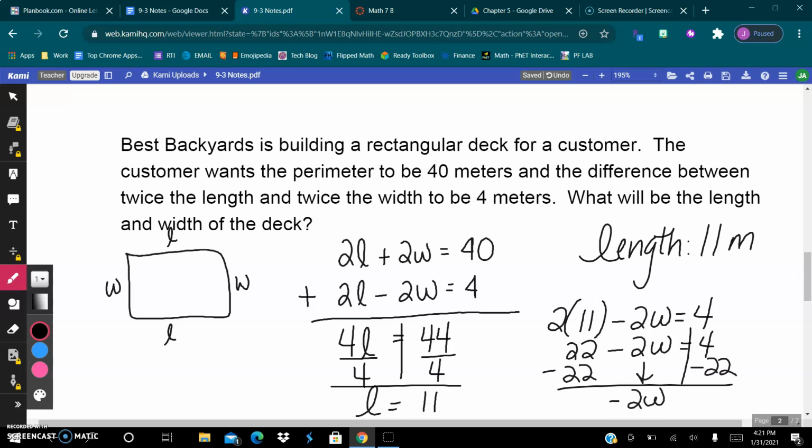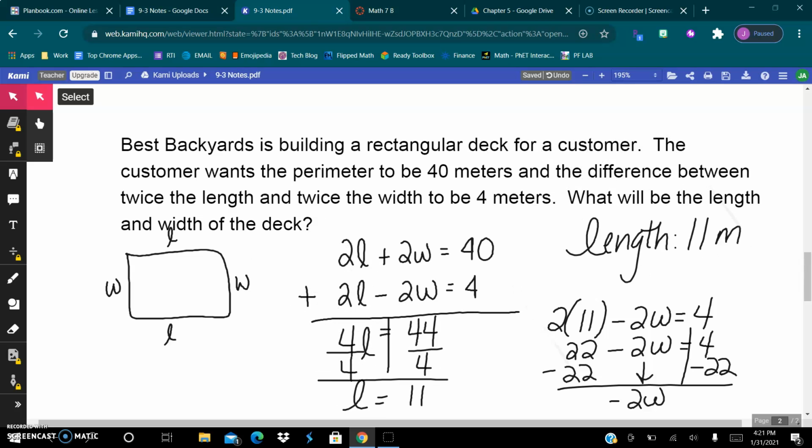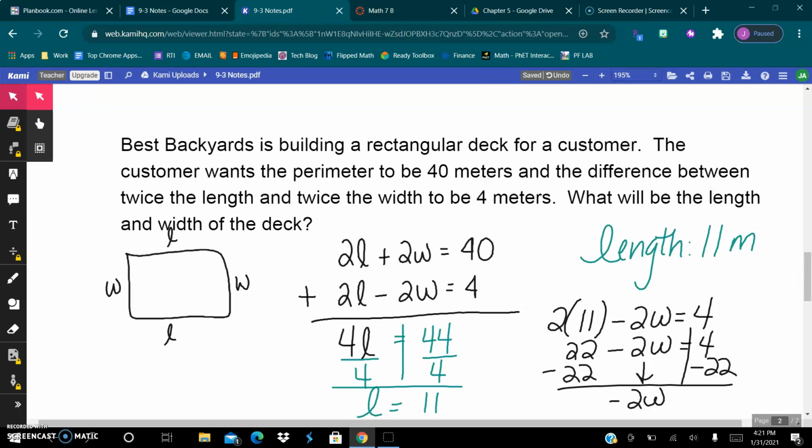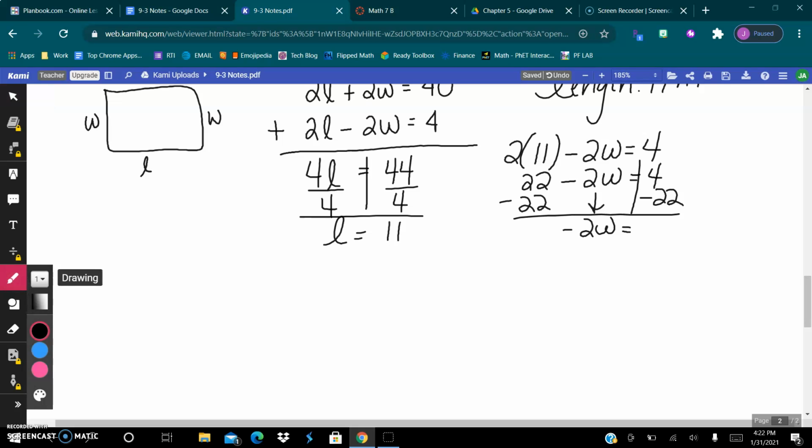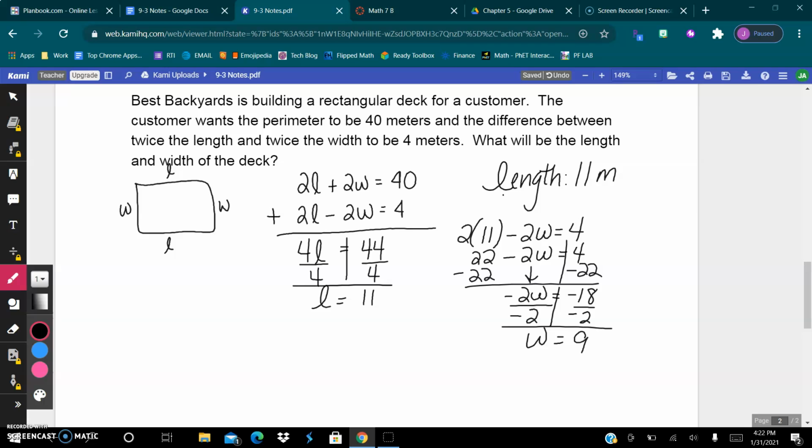Remember to bring down that negative sign with that 2W. And 4 minus 22 would be negative 18. And then we'd have to divide by negative 2, and we would get a positive 9. So our width would be 9 meters.